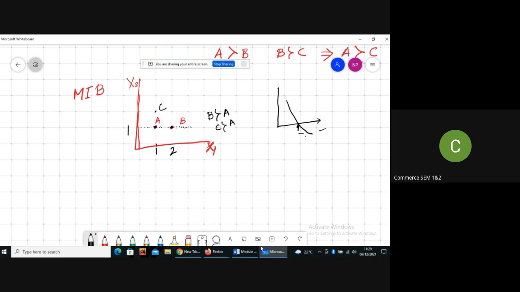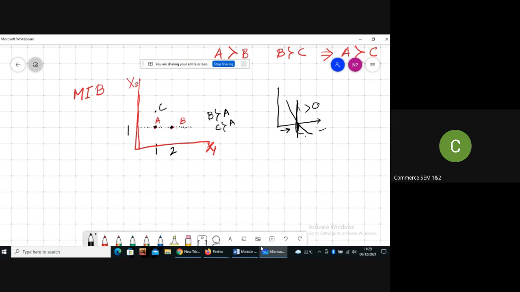But in this case, we are not considering this negative marginal utility. We are considering only up to this point. As long as you move in this direction, marginal utility will keep on falling, but it is still positive.